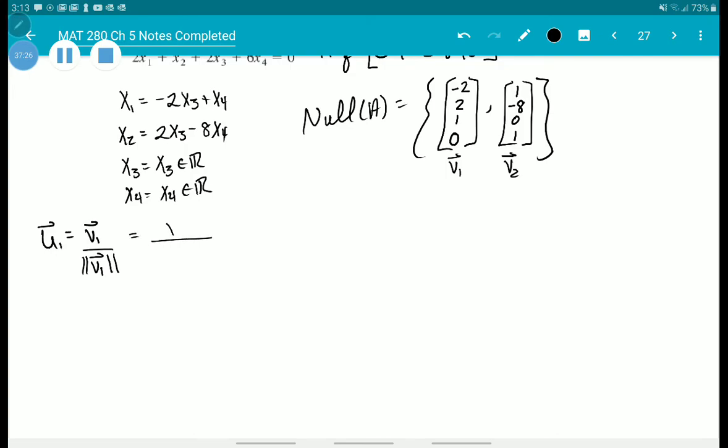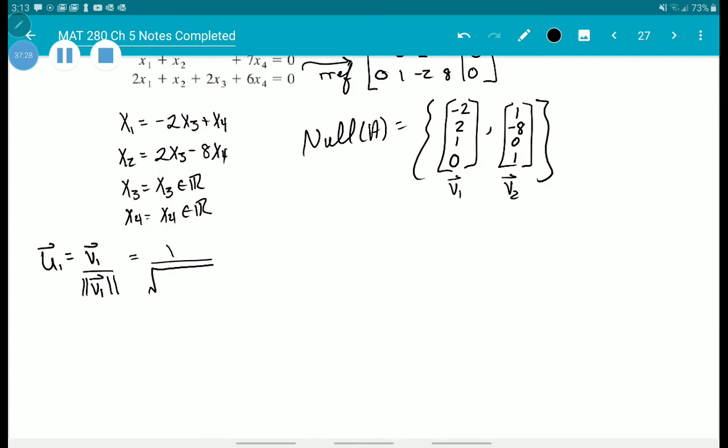So the magnitude of V1: we have negative 2 squared plus 2 squared plus 1 squared plus 0 squared. So that's the square root of 9, which is 3. Times V1.